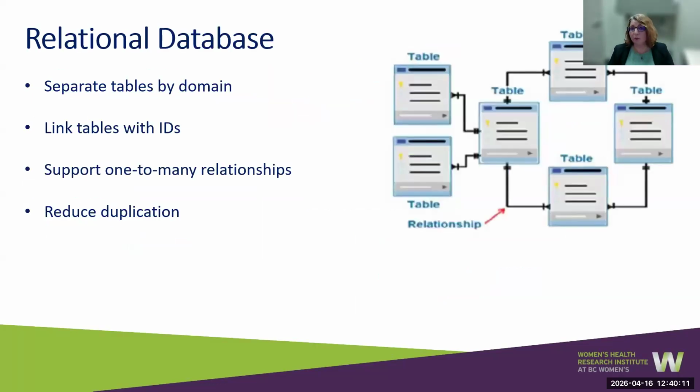So here it's from my previous lecture about data cycles. This is basically how a relational database looks like. You have independent tables that are related to each other and that can be linked with different unique identifiers. For example, if you have baseline information, your unique ID will be the unique ID of the participant.